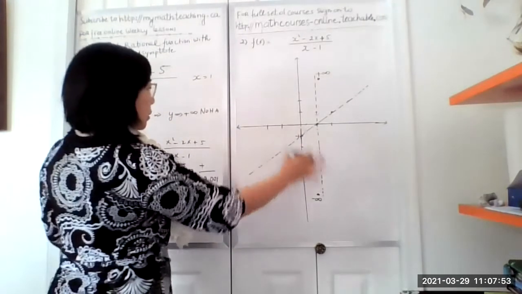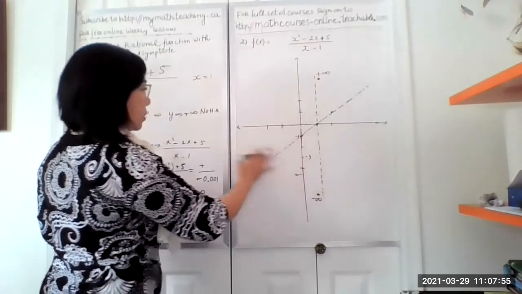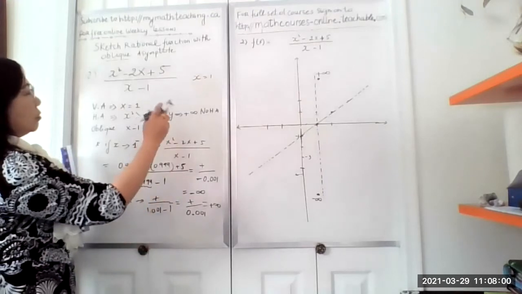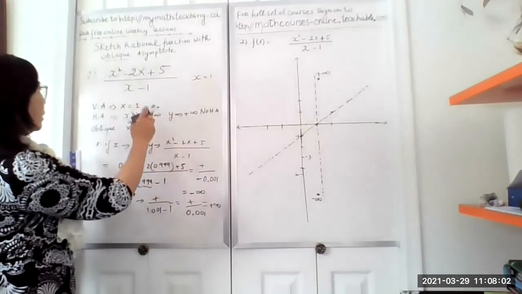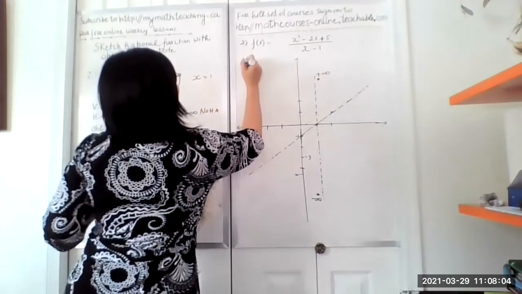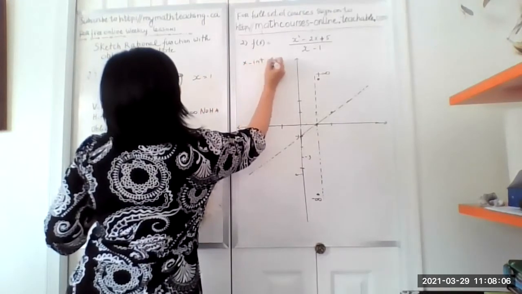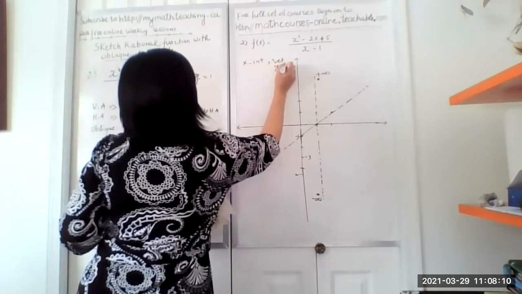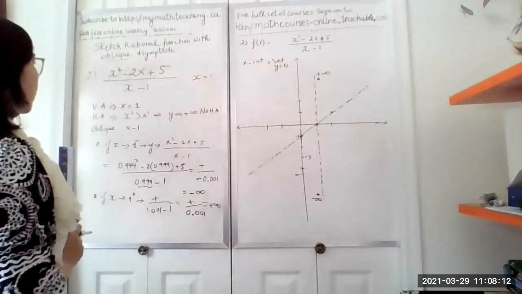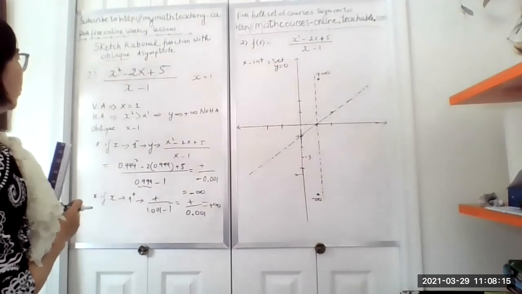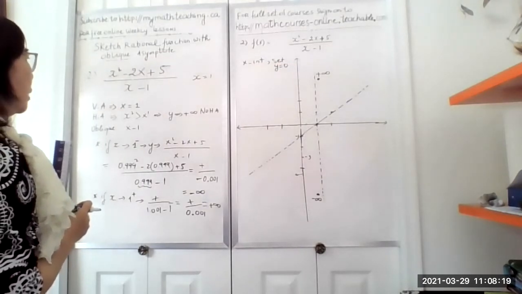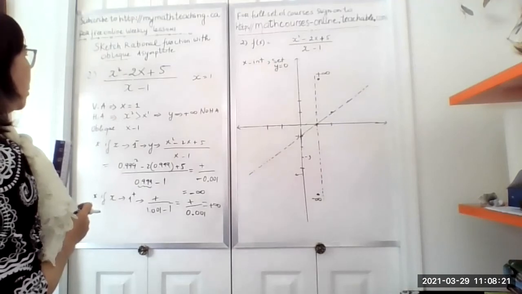Now, what else do we need to know? We need to know whether our function crosses the x-axis or the y-axis. We call these the x- and y-intercepts. So let's figure out the x-intercept. Find the x-intercept by setting y equals 0.